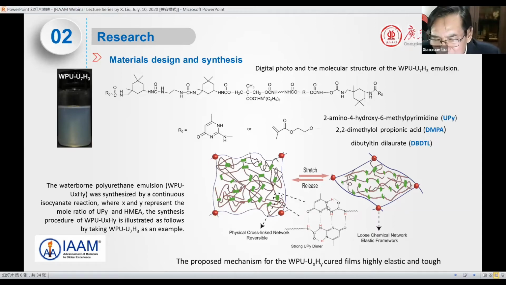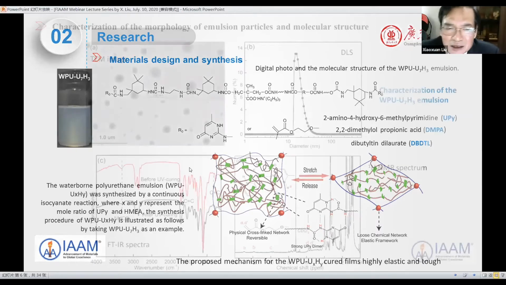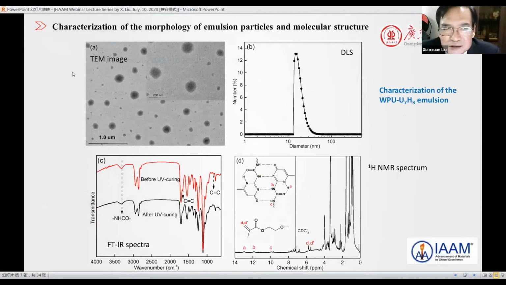So it is two phases with hydrogen bonds. Hydrogen bonds construct the cross-linkage. These are the characteristics, morphologies, particle and molecular structures.